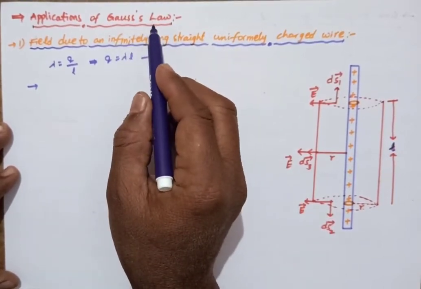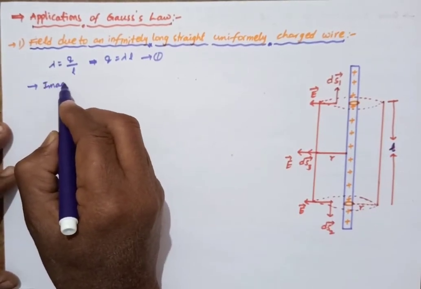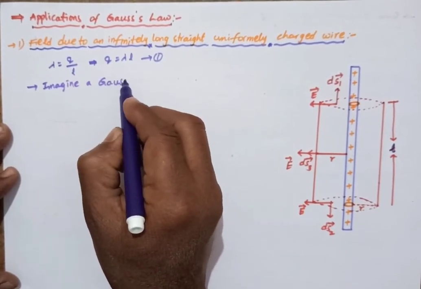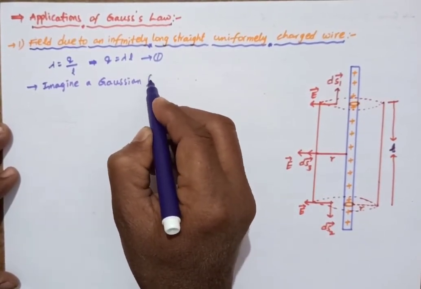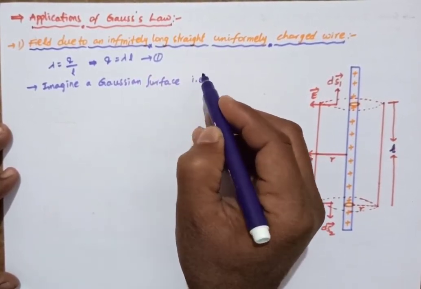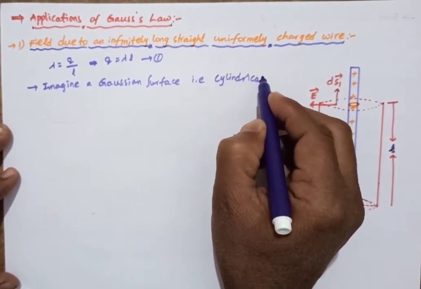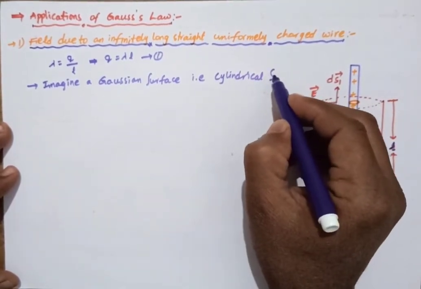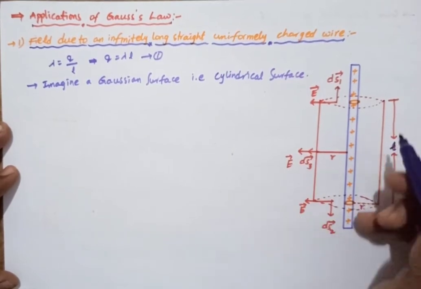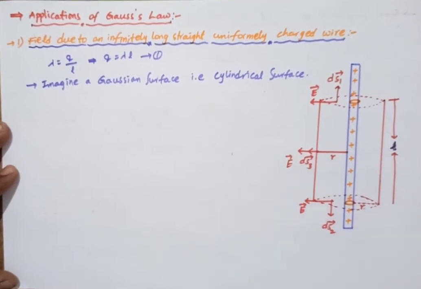When applying the Gauss law, we can imagine a Gaussian surface that is a cylindrical surface. So this is the cylindrical surface, the cylinder. The cylindrical surface length is L.